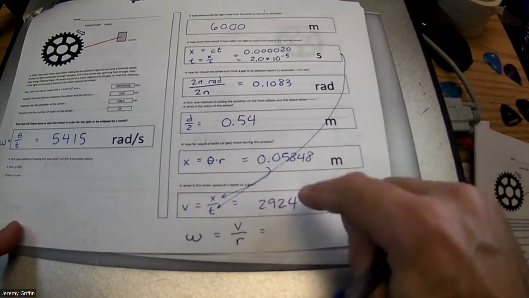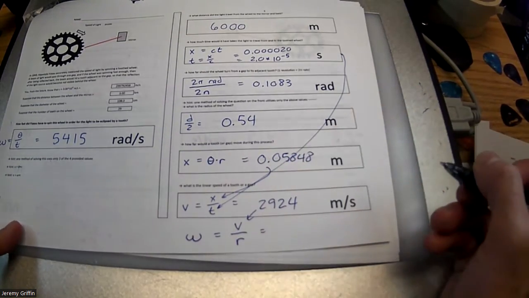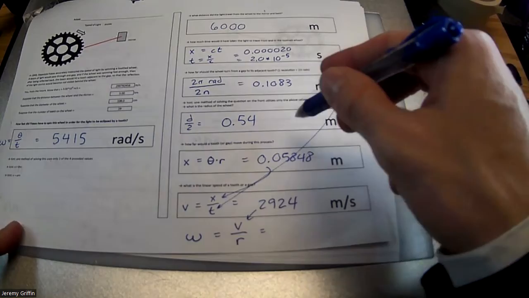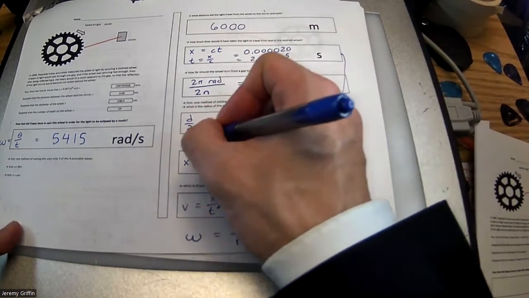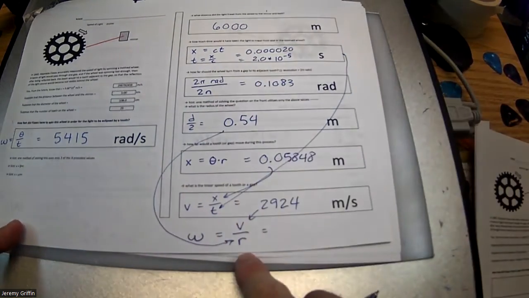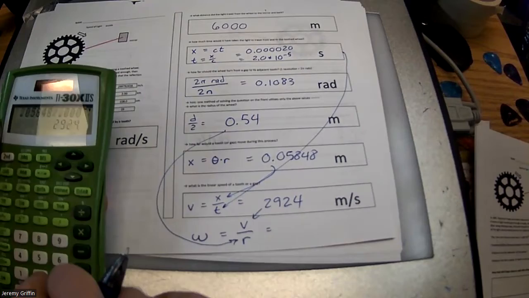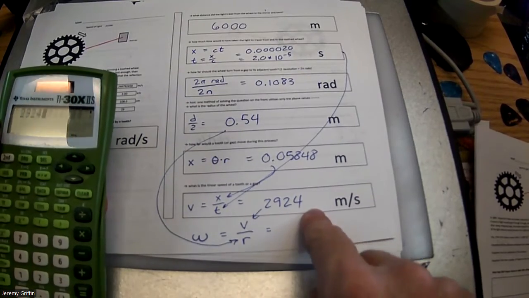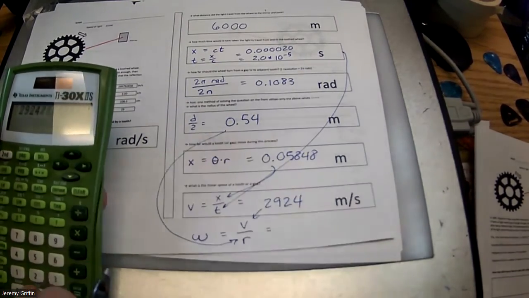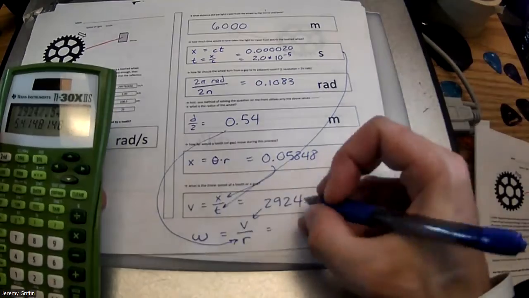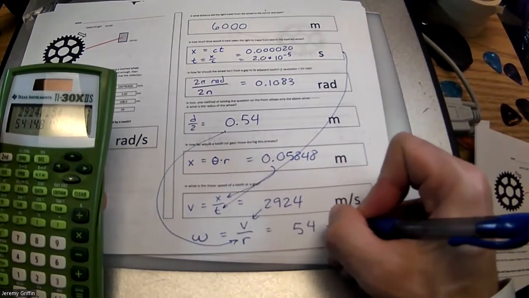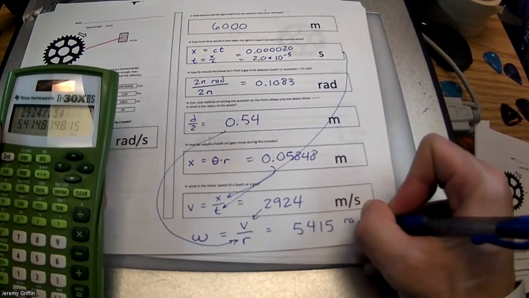And linear velocity is that number there, and radial size is that number right there. So I can take my 2924 meters per second linear velocity, divide by 0.54 meter radius, and I get 5,415 radians per second.